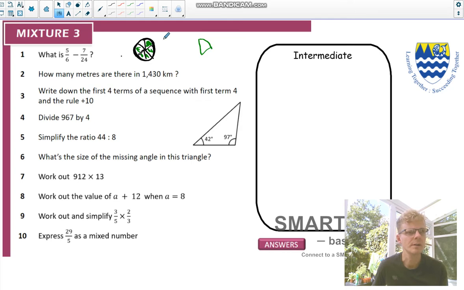Currently this is a 6th, and as I go round, I'd have 1, 2, 3, 4, 5, 6. So if I wanted 24ths, I say, well, what could I divide my 1/6 up into? Remember, it's all about equal chunks. If I have an equal amount of 24ths in each one of these, how many would I have to have in each bit? And in fact, the answer to that is 4.